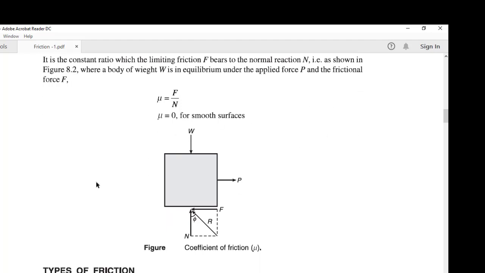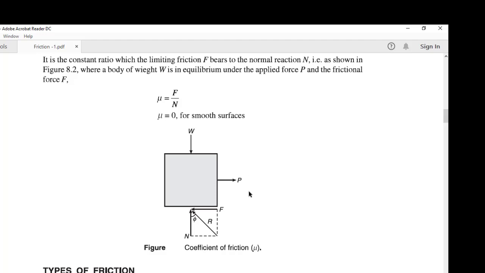Let us consider this figure. Here we have a block of weight W in contact with a particular surface, and a normal reaction N is developed in the vertically upward direction, acting on the block. There is a force P applied towards the right side. This force tends to move the block towards the right side.